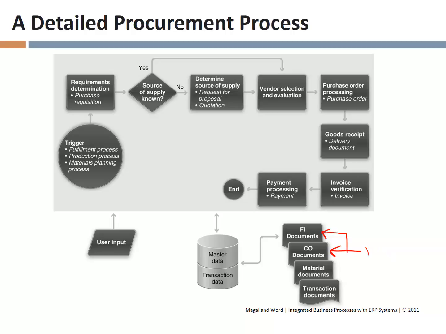Where this is going to be most relevant in what we have just talked about is when we were buying things that were being expensed immediately. When we were buying consumables, that would be captured in a cost accounting document. But otherwise, everything else that we see here are things that we have talked about.